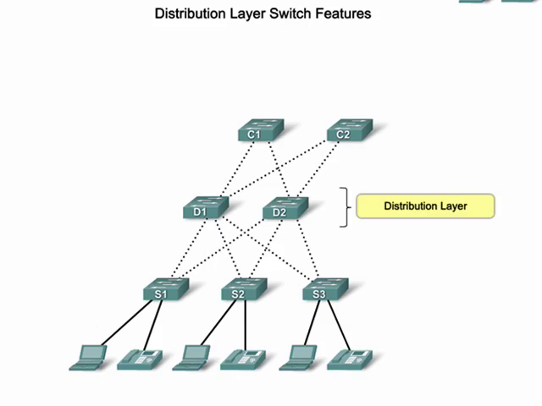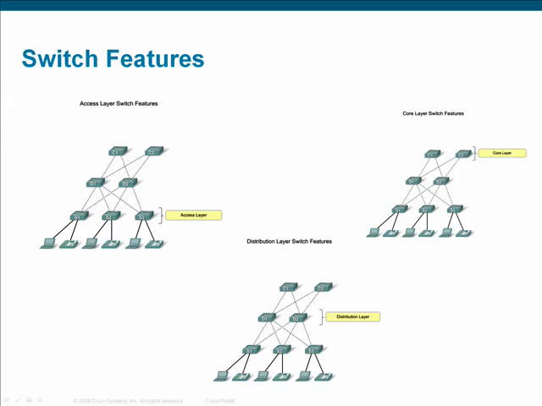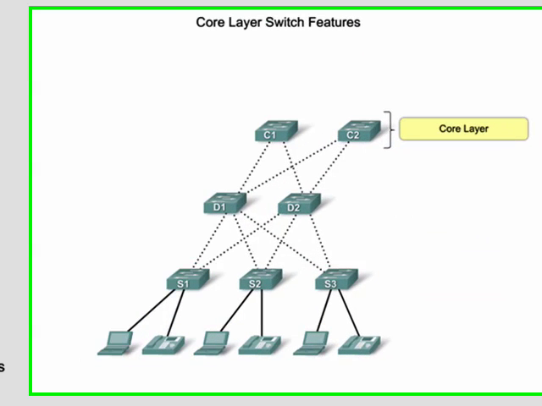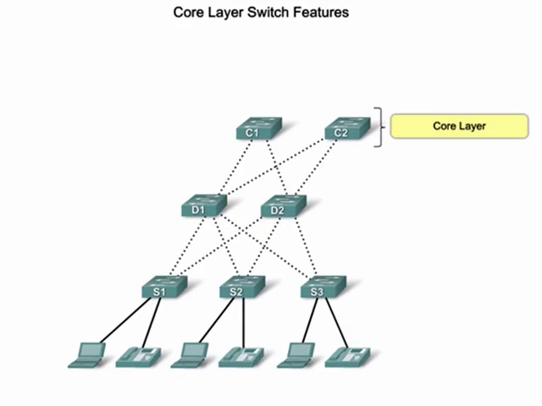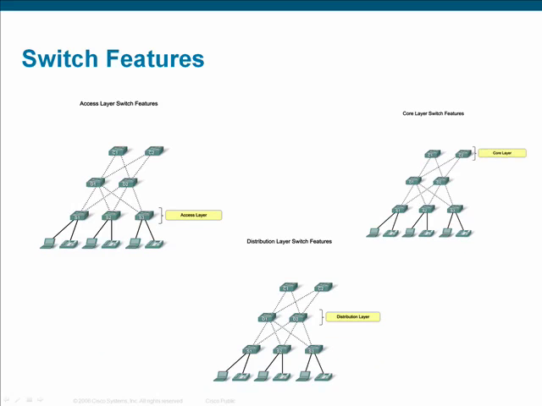If quality of service and VLANs have been implemented at the access layer, they should be continued in the distribution layer. Core layer switches should include 1 gigabit per second or even 10 gigabit per second links to accommodate the large volume of traffic that will traverse the network backbone. Layer 3 support, redundant components, link aggregation capability, and very high forwarding rates should also be implemented at the network's core.